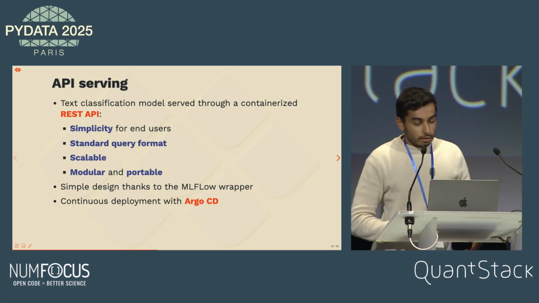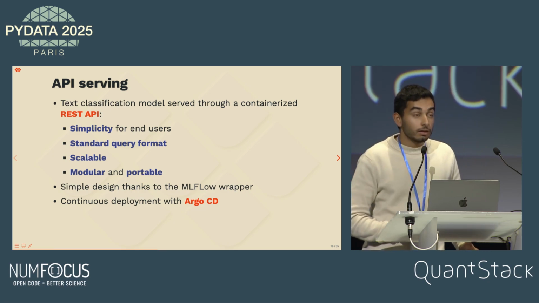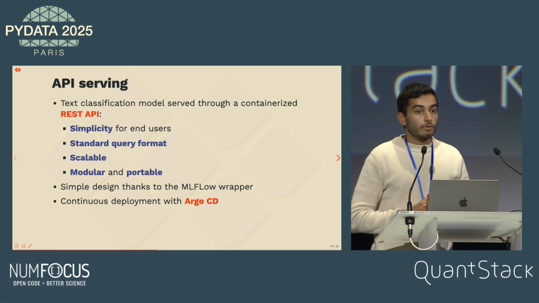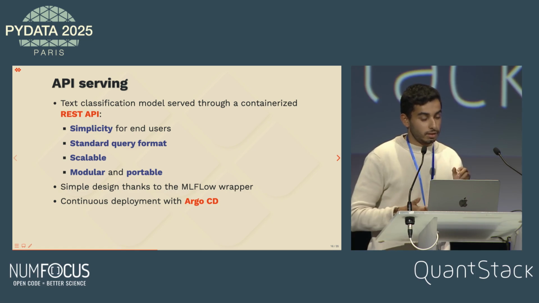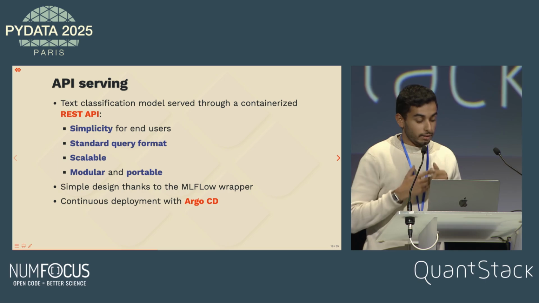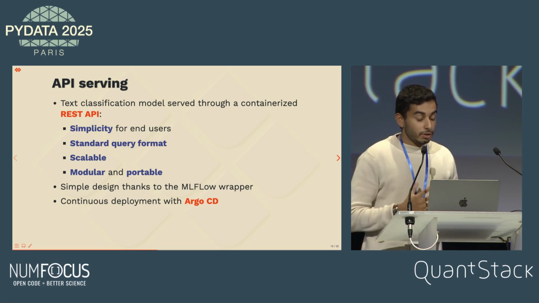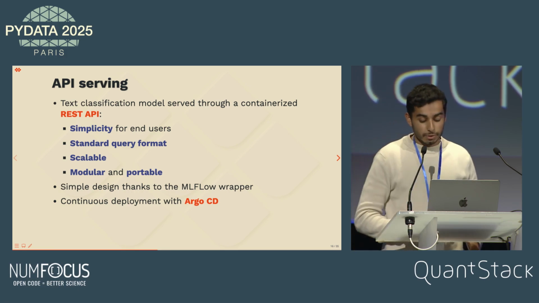And to get going with the MLOps pipeline, we're using FastAPI for API serving, which has many advantages for easy service, such as simplicity and standard query format. It's scalable and modular, and it's a simple design thanks, once again, to this MLflow wrapper. And we use Argo CD for continuous deployment.